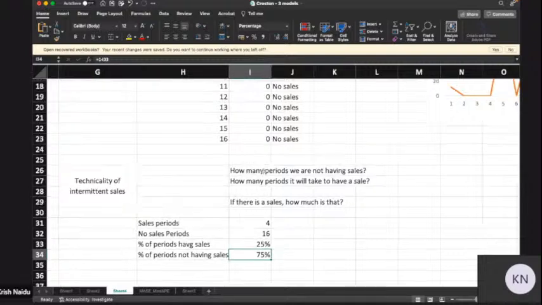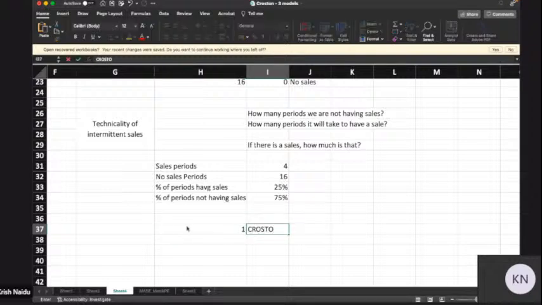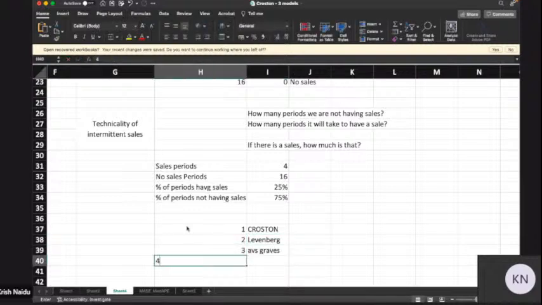There are many kinds of forecasting models out there. We can use Croston models. We can use the Levenberg model. We can use the ABS Graves model. We can use the TSB model. We can use the hyperbolic exponential smoothing model.